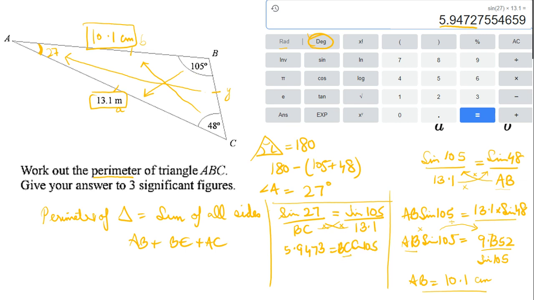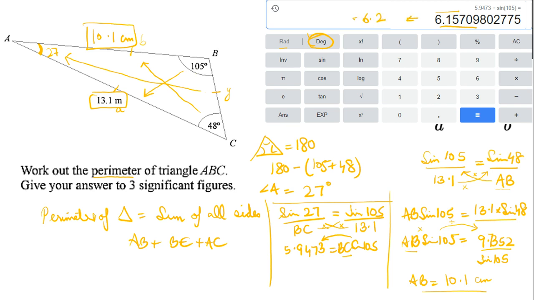And now, since I want to find my BC, I'm going to take my sine 105 on the other side, and if I take that on the other side, it's going to be divided. So 5.9473 is going to be divided by sine 105. Again, we got to check our calculator, make sure it's on degrees, and 5.9473 divided by sine 105 gives me 6.157, or perhaps I could just round it off to 6.2.